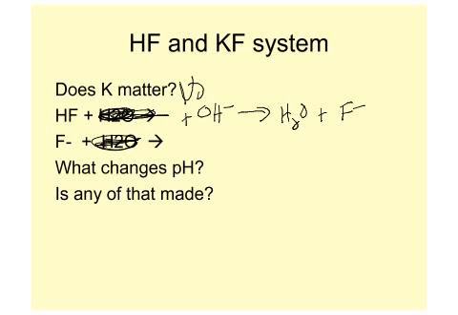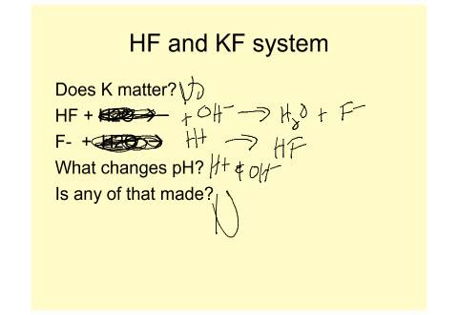And then F negative is very good at addressing H positive. F negative plus H positive would make HF, which again doesn't affect pH. What changes the pH? H positive and OH negative. Is any of that made? No. So what's the change on pH? None, which really is very little.